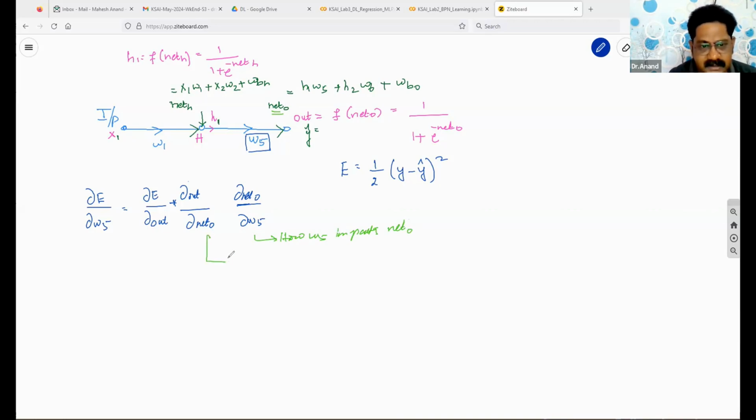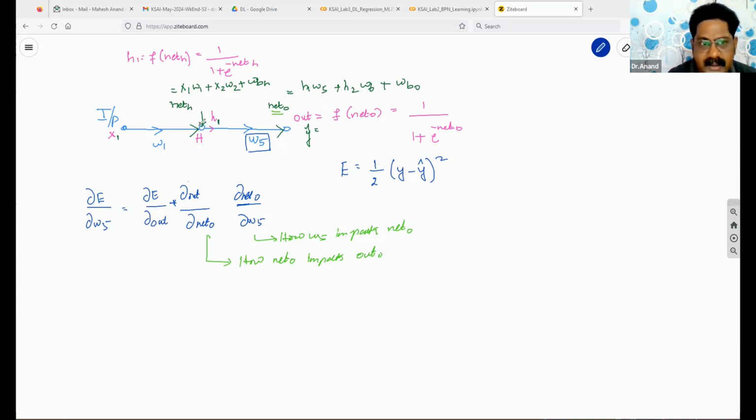What is the meaning of this term? How net O impacts out. Net O is impacting what? F of net O gives you out, right? It impacts out at the output layer. That is why I'm calling this out at O.